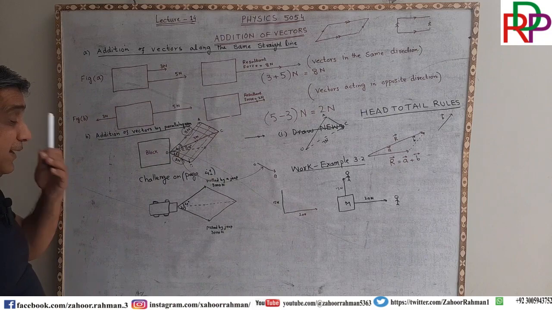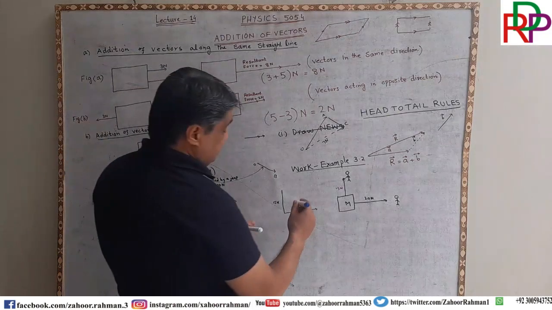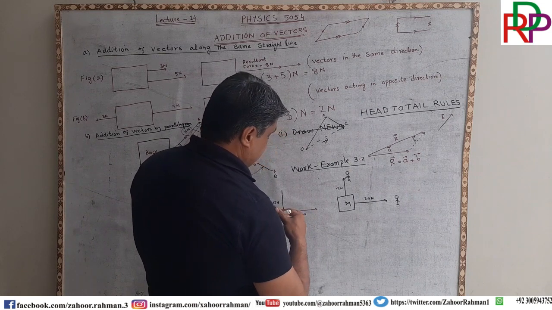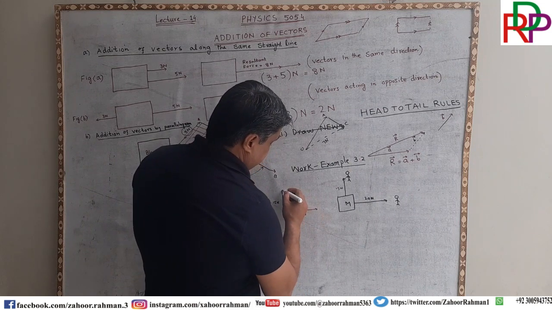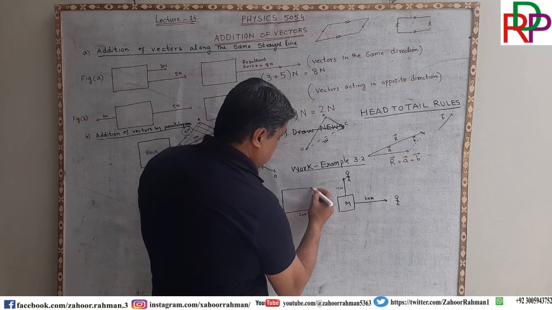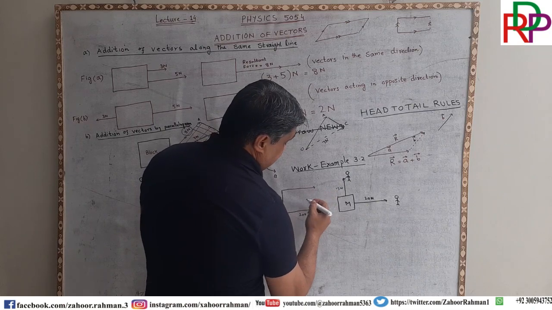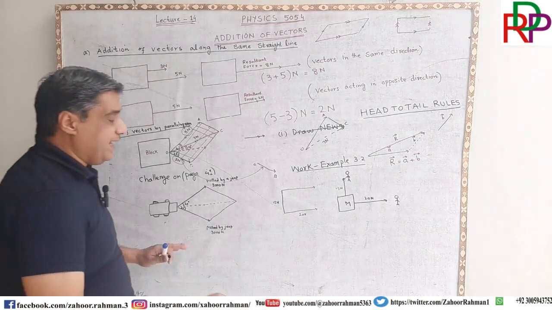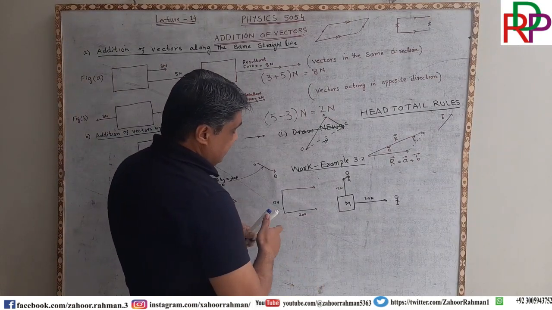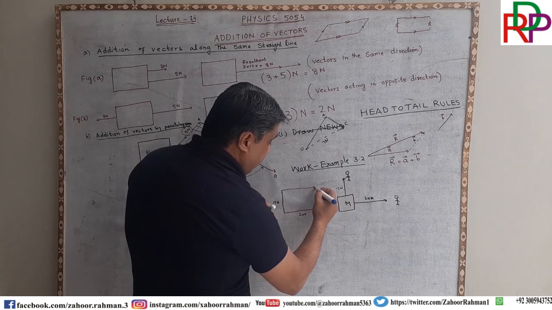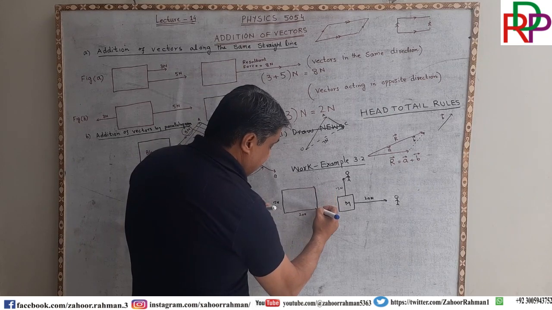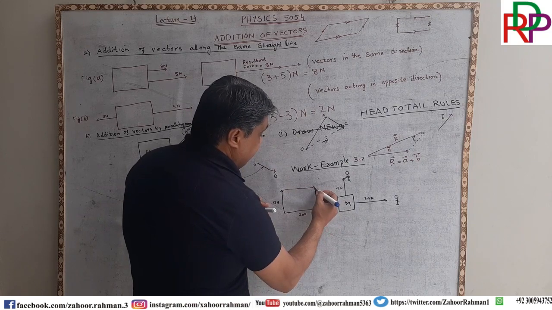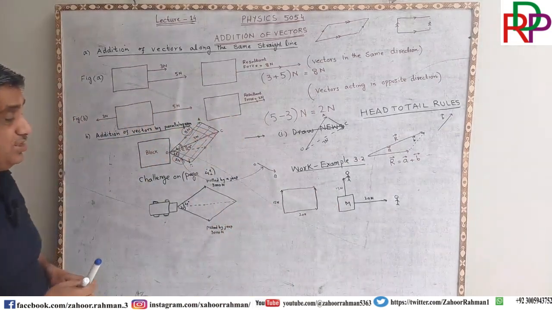Now, because they are making a 90-degree angle, you have to draw a line parallel to this one of the same magnitude, and parallel to it, not at an angle. And similarly, you have to draw a parallel line of this, which is in this direction.